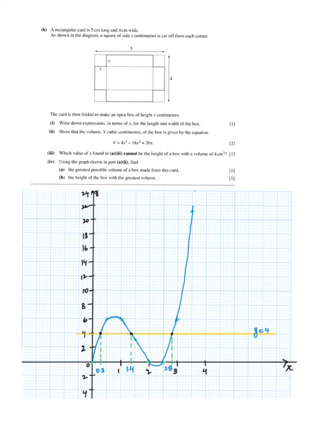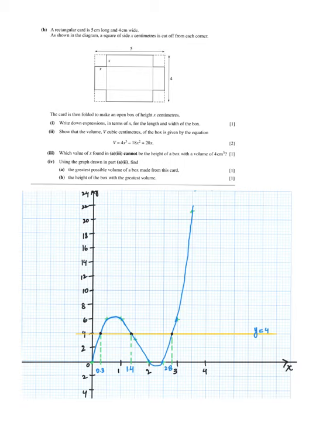After that, it's part B. It says that a rectangular card is 5 centimeters long and 4 centimeters wide. As shown in the diagram, a square of side x is cut off from each corner. The card is then folded to make an open box of height x centimeters. Write down expressions in terms of x for the length and width. The initial length we have is 5, and we have removed x and x from the box.